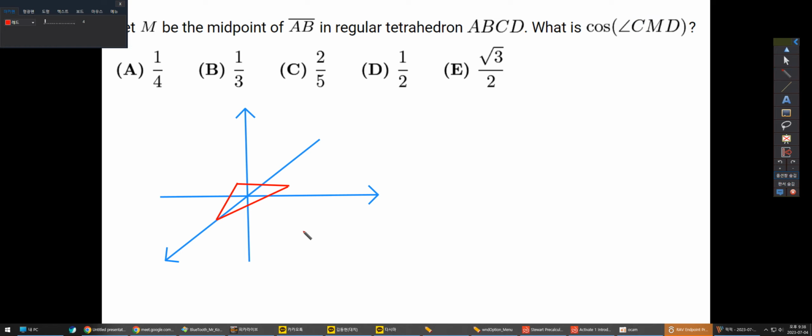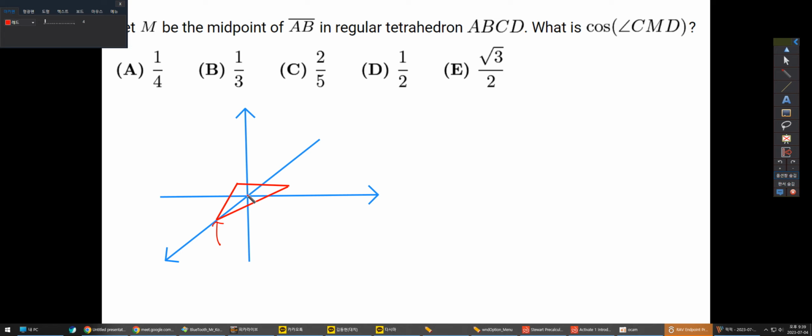Let's say the side length of the equilateral triangle is 6. That means the coordinate of this point. Okay, so it's like 6, 3, and yeah, 3 times the square root of 3.